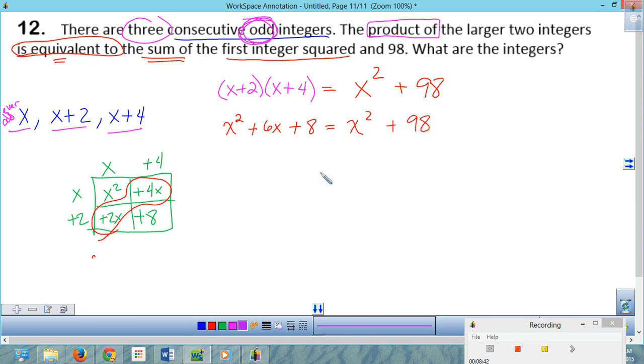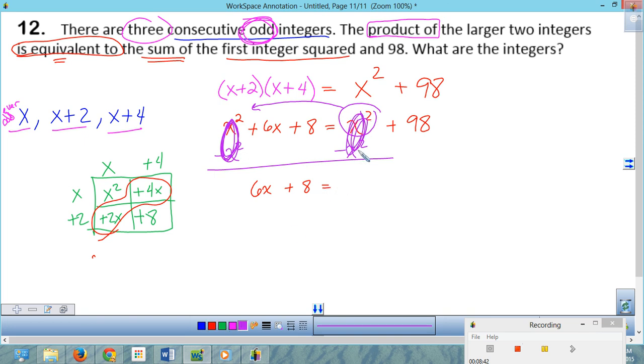Okay. Now, when we have an equation that looks like this, you always want to get your x's on the same side, so we need to move this over here with the other x's. So we have positive x squared over here, so we need to subtract x squared from both sides. Okay, x squared minus x squared is 0. What do you know? They canceled out. 6x plus 8 comes down equals, okay, the x squared's canceled out here, and then you had plus 98 over here.